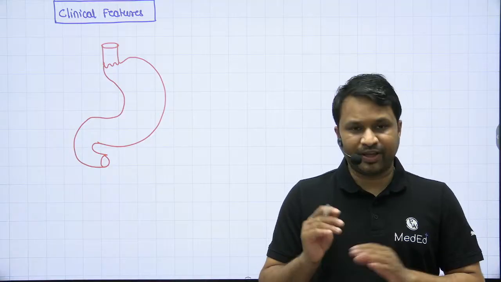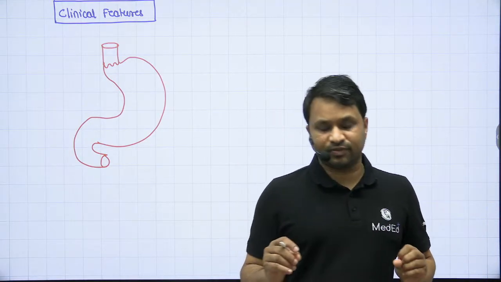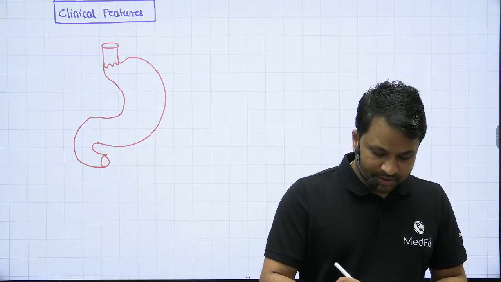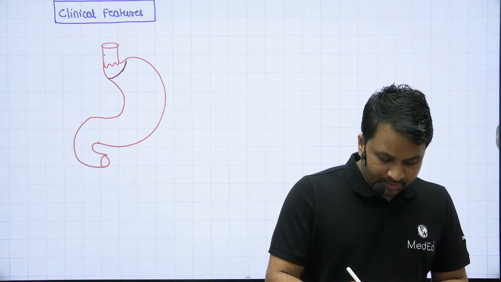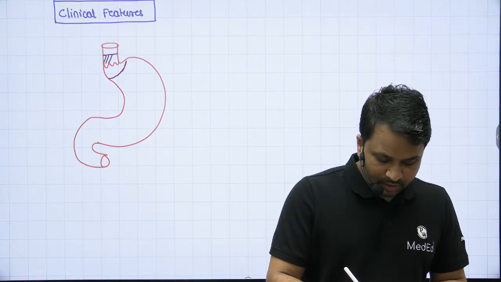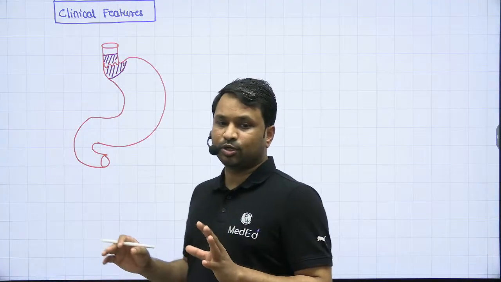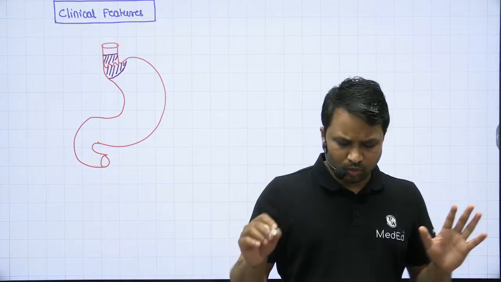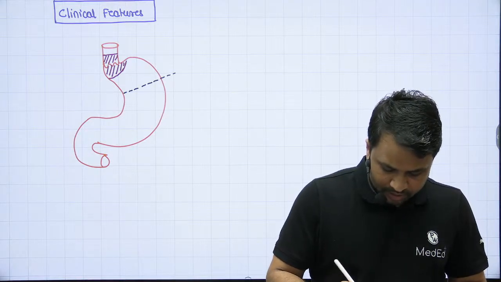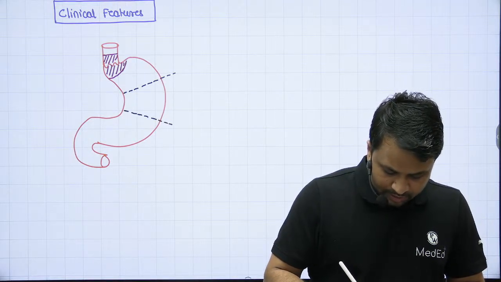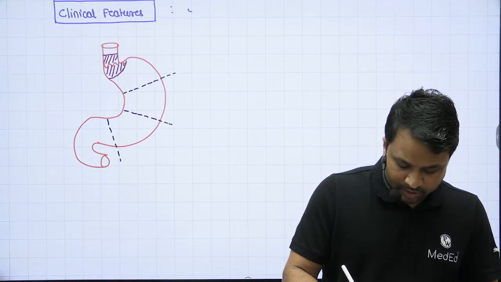Now, to be very honest, I don't want you to confuse more, but according to the Siewert classification, the CA stomach will start 2 centimeters below the gastroesophageal junction, right? So 1 centimeter above and 2 centimeters below the gastroesophageal junction is still considered esophageal carcinoma. But to avoid any confusion, I will divide the stomach into 3 parts. That is the proximal part of the stomach, the mid body, and the distal part of the stomach. Right. So clinical features will be typical. We got typical features.